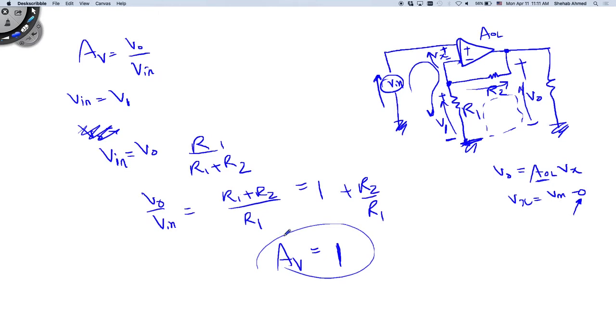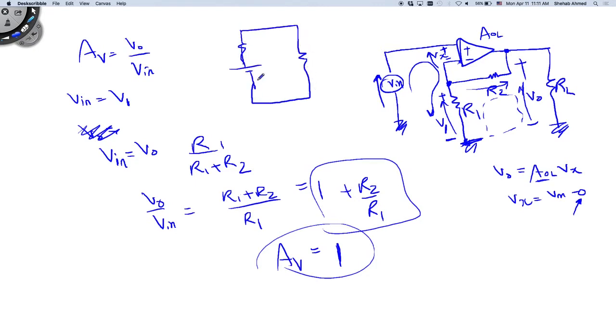Is this voltage gain dependent on our load? It will not depend. So if I change our load, is my voltage gain going to change? I look at the voltage gain equation. It does not include anything related to our load. So unlike the internal battery resistance that we talked about last time, if my battery has an internal resistance, R internal, and this is R load, and this is V battery, and this is my output voltage, if I change RL, the current will change, correct?